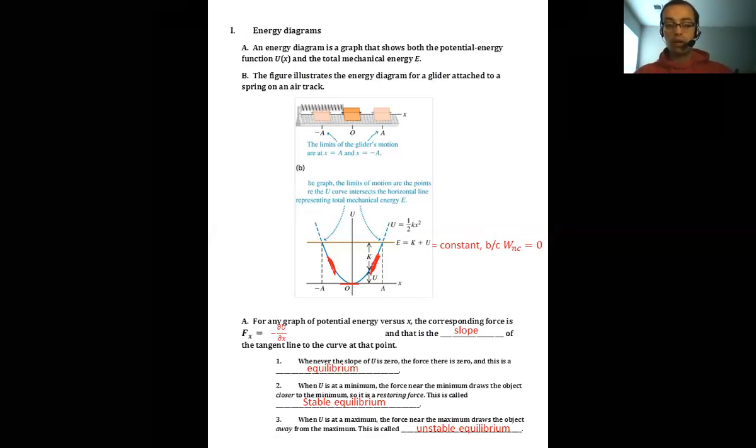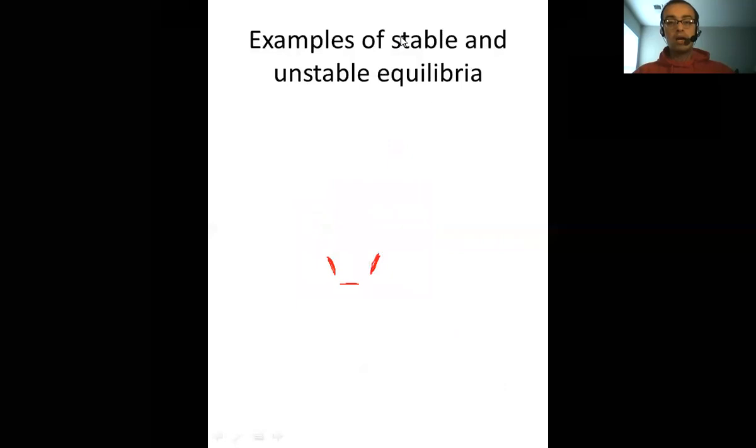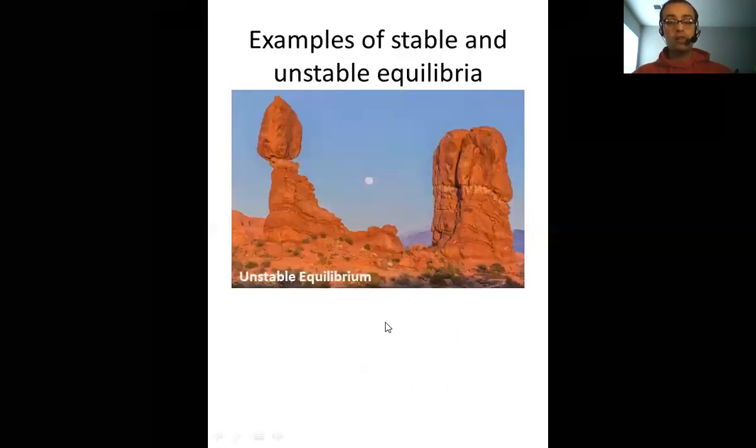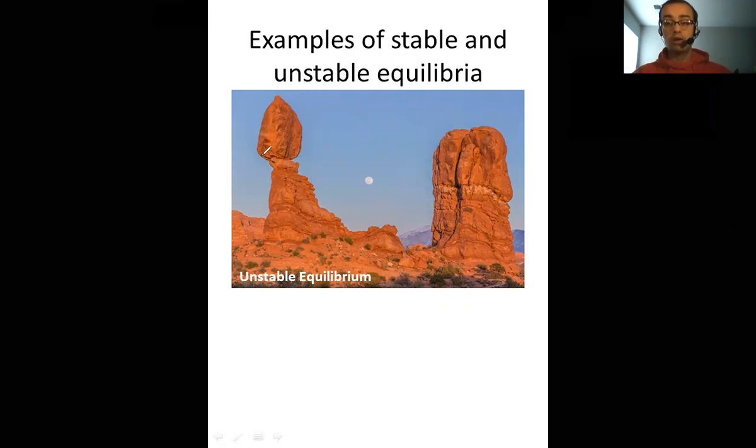So there you go. Here's perhaps a more visceral and more obvious example of a stable and unstable equilibrium. This is an unstable equilibrium. This is balancing rock. We met it in part 1 of this lecture series. This rock is not currently going anywhere. It's stuck there. It's been stuck there for perhaps millions of years.